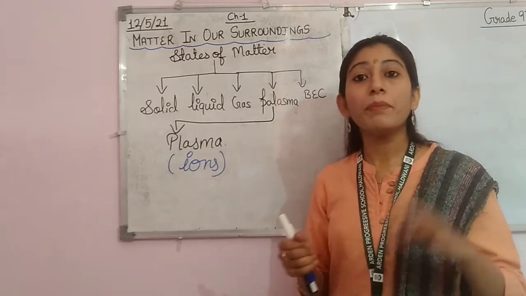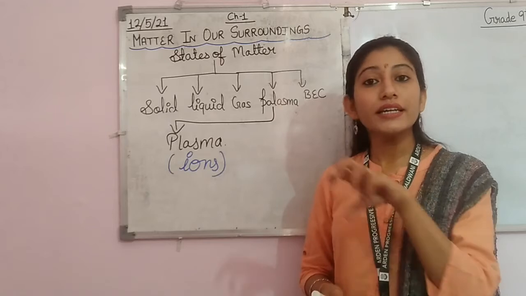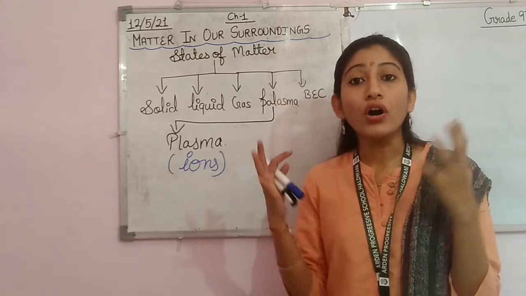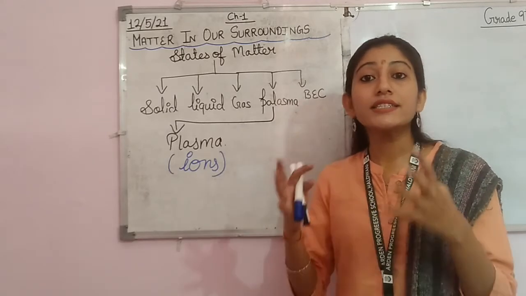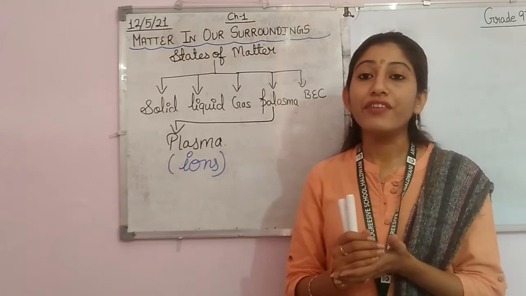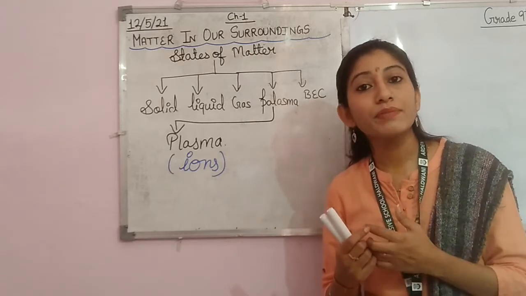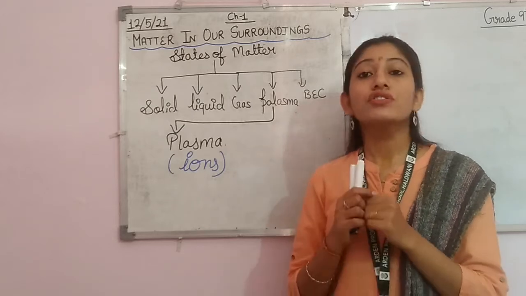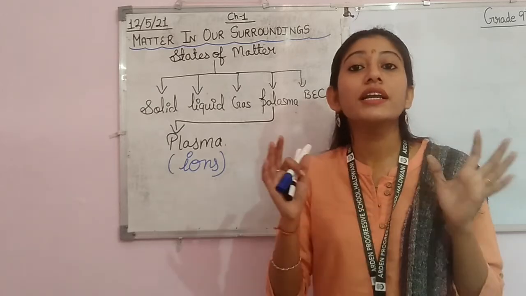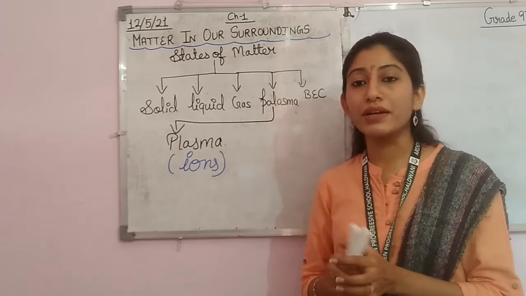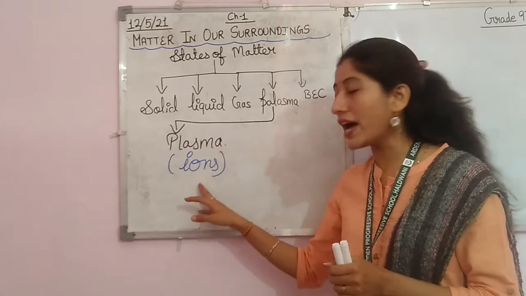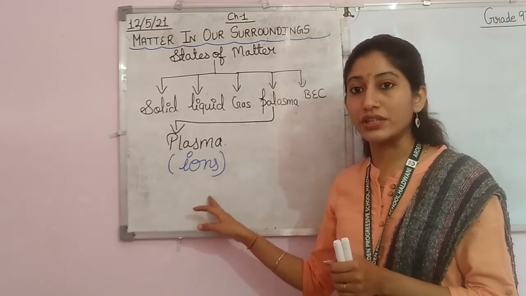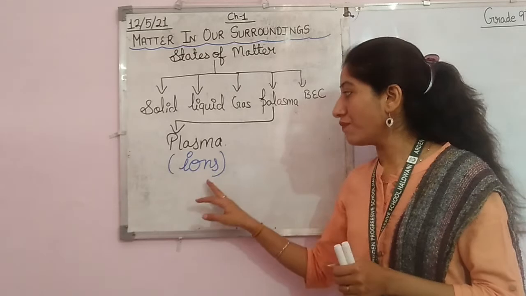When we pass current through these inert gases, the molecules start ionizing, and because they are in a super excited, super energetic state, they start emitting light. This is the state of plasma: super ionized, super excited, super energetic.